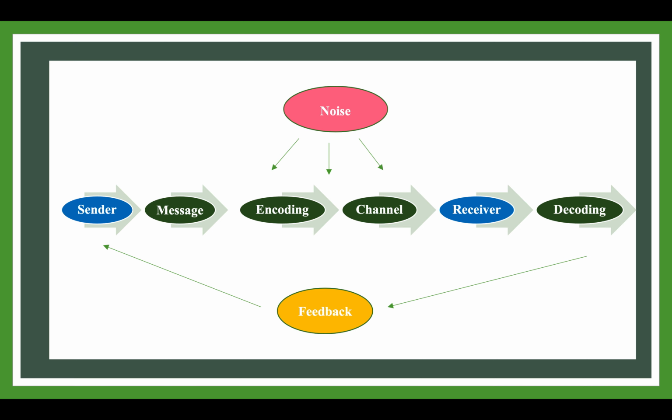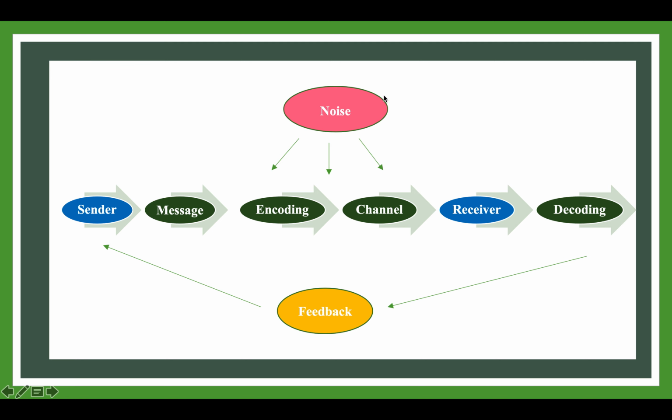Now the point to be noted over here is there will be a noise in this. For example, if a sender is sending a message via WhatsApp, he has encoded a message, the channel is WhatsApp, and the receiver has received the message. He has understood the message what sender is trying to tell him. He has decoded the message and then he has given a feedback to the sender, and sender has received the feedback.